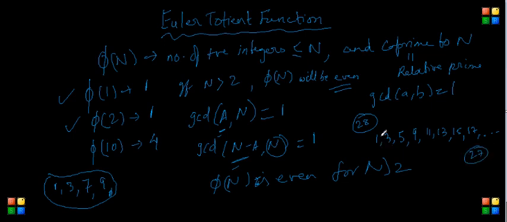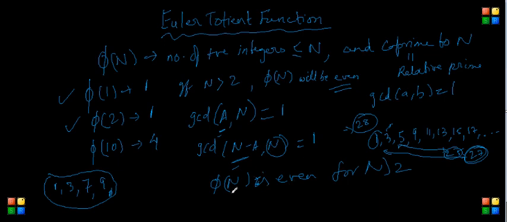If you see this co-prime and this co-prime, if you add them, they both give 28. If you add the second with the second last, which is 25, 3 and 25 give me 28, and so on. So for 28, all the co-primes exist in pairs such that their sum is the number itself, 28. This is why phi of n is even and always exists in pairs such that the sum of the pair is always equal to n.